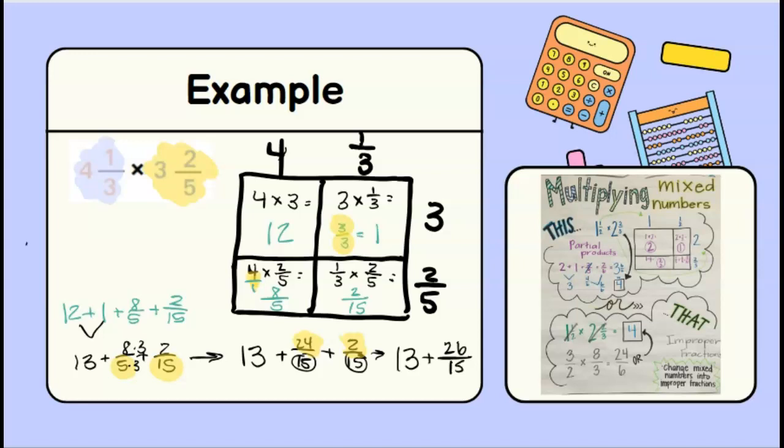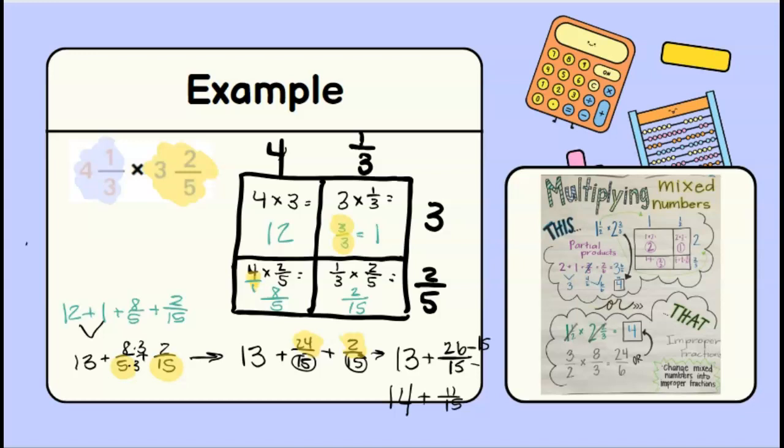What I can do now is simplify that 26/15. I know that 15/15 is going to give me 1. So subtract 15 and move that 1 over to the 13. I have 14 plus 11/15. Can 11/15 be simplified anymore?